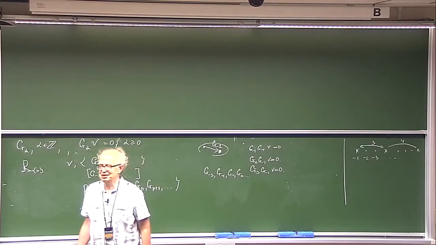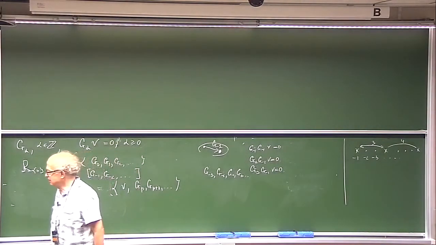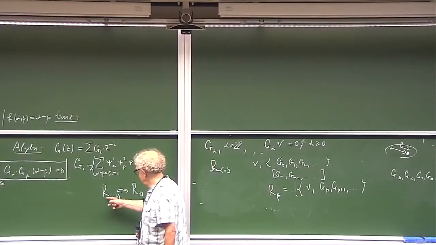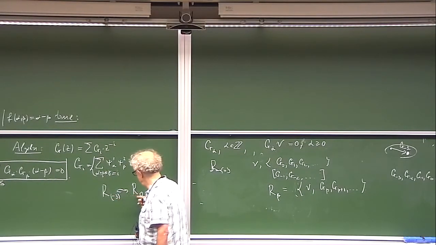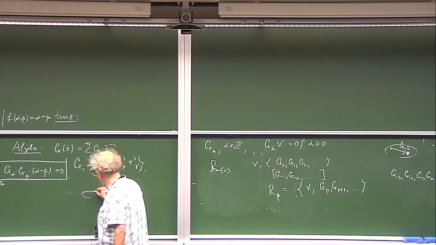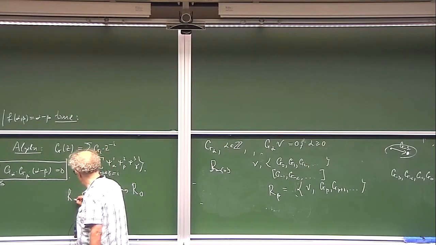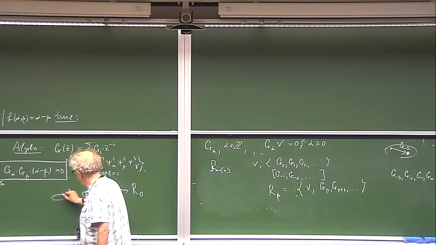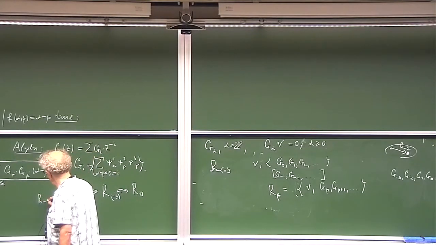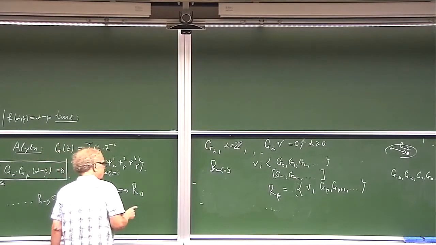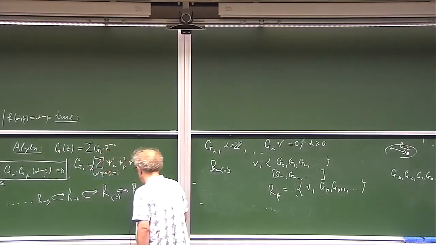If you think a little bit, then it is possible to prove it, but it is not trivial. But we can continue this. Here we have an embedding R minus 6. Here we have an embedding R minus 9. And so on. And we can also continue this in the opposite direction.